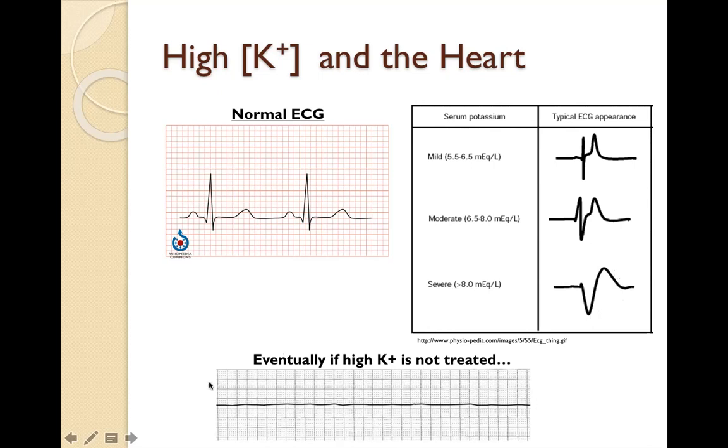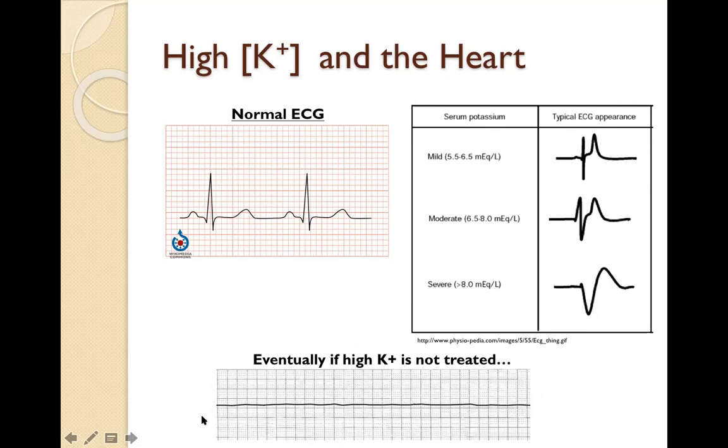And this is a very bad rhythm to have. This is called asystole, and this is no heart rhythm at all. This is no heartbeat. Your cardiac output is zero. So a person without prompt treatment of a high potassium can die.